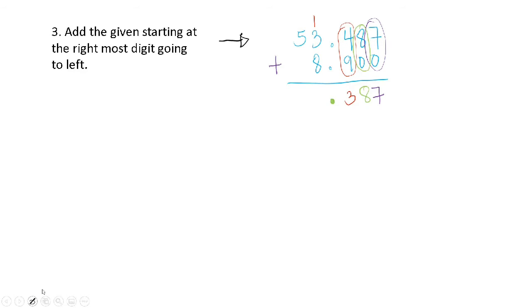So let's add the carry over 1, our 3, and our 8. So 1 plus 3 is equal to 4, and plus 8 natin, it is equal to 12. So bring down 2 and carry over 1. And then proceed with addition of the next digit, which is 1 plus 5, it is equal to 6. So our final answer is 62.387. So this is how we add our decimals.